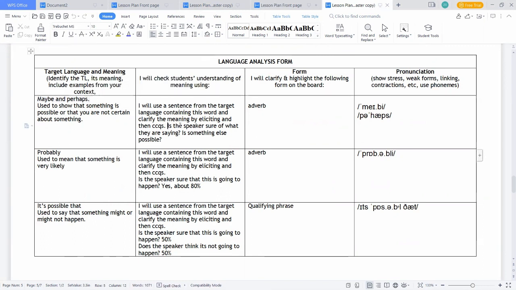So my CCQs were, is the speaker sure of what they're saying if they say maybe? And is something else possible? So these are my two CCQs. The answer here is no and yes. And if I got those from my students, then I could understand that they understand the meaning of maybe.